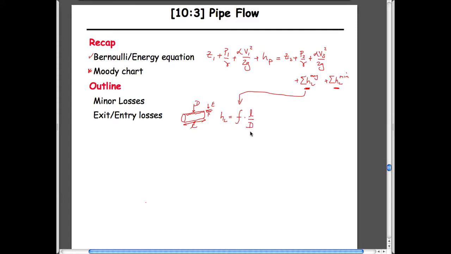If you double the length for the same size pipe, you double the head loss. That makes sense. And it scales with the velocity, the kinetic head term. And so the things that we should remember are that this V should be the velocity in that pipe, not the velocity at the downstream or the upstream locations.